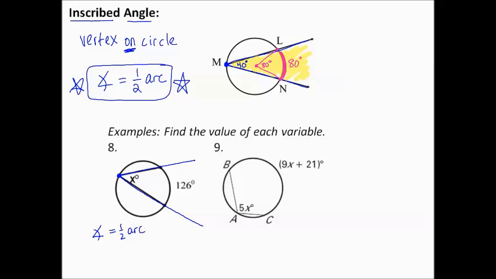Then if we need to, we grab our highlighter and use it like a flashlight. Draw inside, and that shows where the light is shining. The light is shining on this intercepted arc that says 126 degrees. So the angle that I want, x, is half of 126 degrees. That makes 63 degrees.